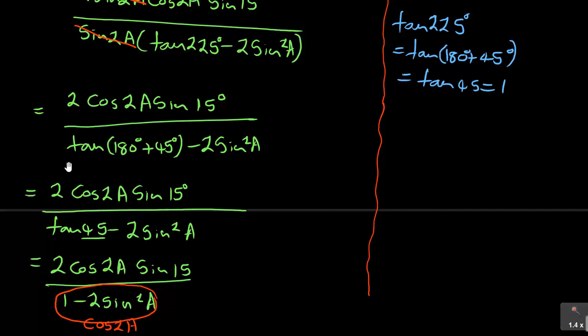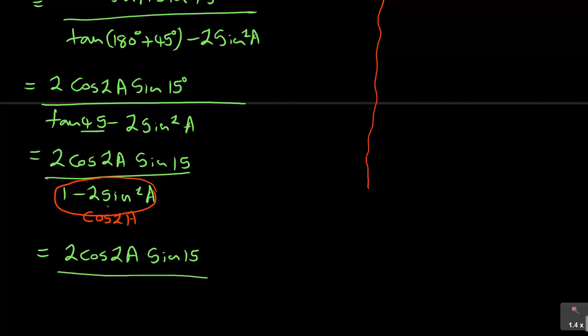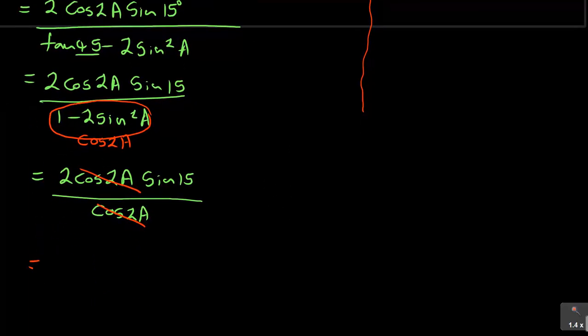So now when you continue to simplify it, it will be equal to 2 cos 2 alpha sin 15 over, now where there is 1 minus 2 sin squared a, you are going to have cos 2a. Why are you doing that? Again, this will cancel out. So the answer then will become equal to 2 sin 15 degrees.